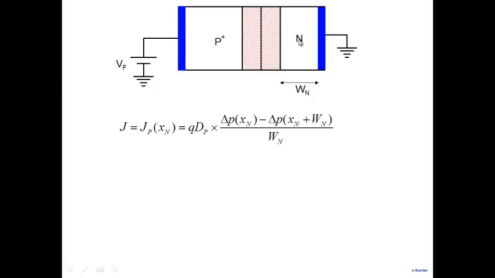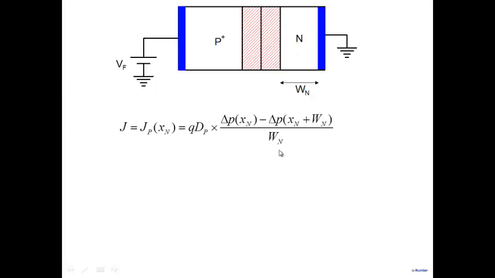And when there's little recombination in the bulk, we can easily show through the continuity equation that the carriers change linearly. So that's why we assumed a linear variation. dp by dx is simply the carrier density here minus the carrier density here, divided by Wn. So we can write this expression for hole current in this region.